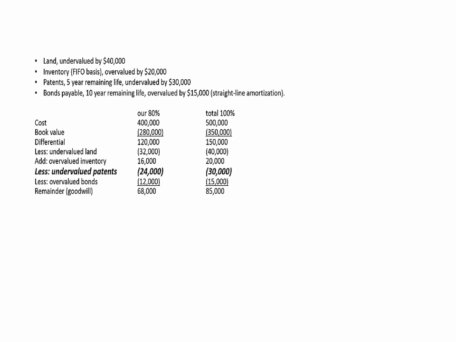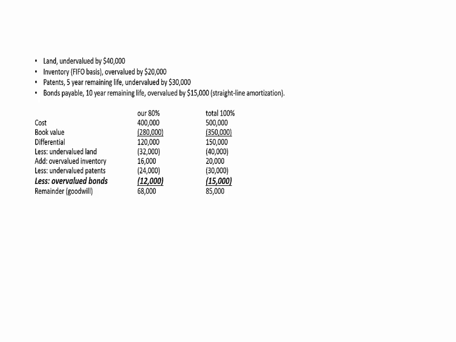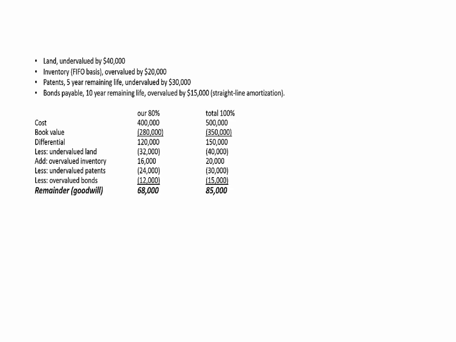Next, they've got undervalued patents, undervalued by $30,000. And so again, we take it upon ourselves to increase their patents by $30,000. They've got some overvalued bonds, so we'd like to reduce their bonds payable. Instead of reducing bonds payable itself, we'll go ahead and create a $15,000 discount on bonds. And then whatever's left is goodwill.